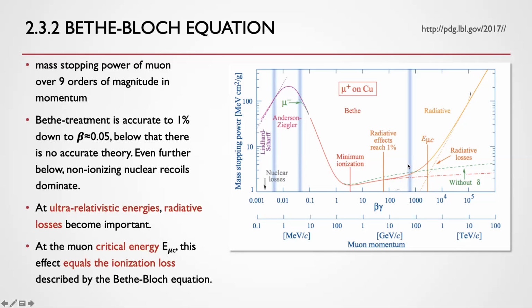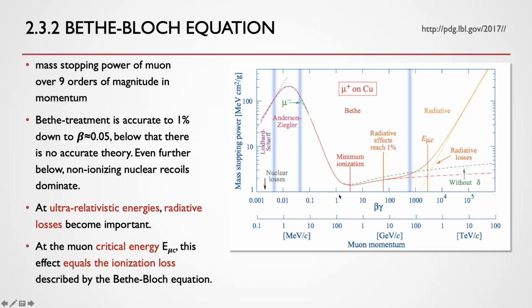The Bethe treatment, as we've done, is accurate from a beta value of roughly 0.05 all the way up to beta gamma values of several hundred. One definition that's not so important for muons, as we said, but for electrons very important, is the critical energy.